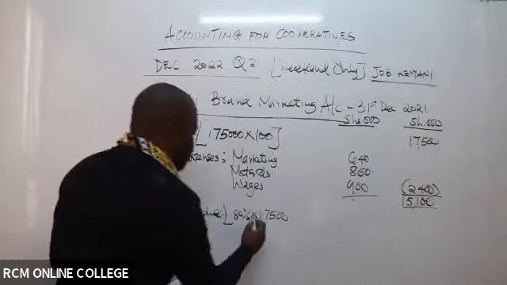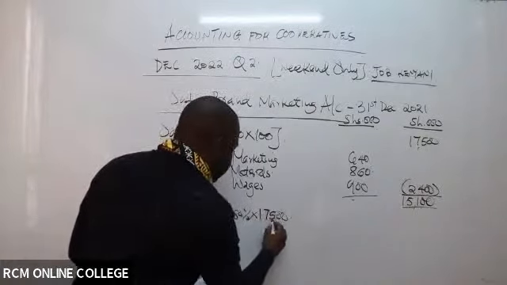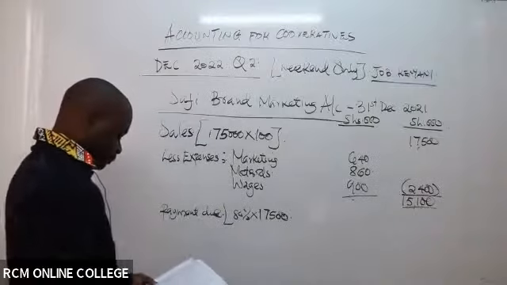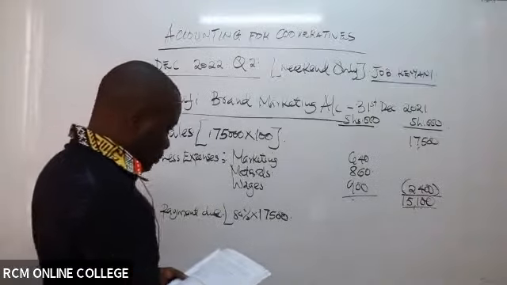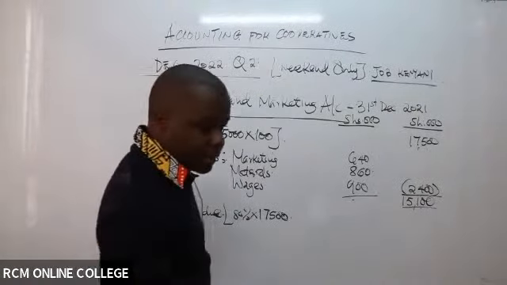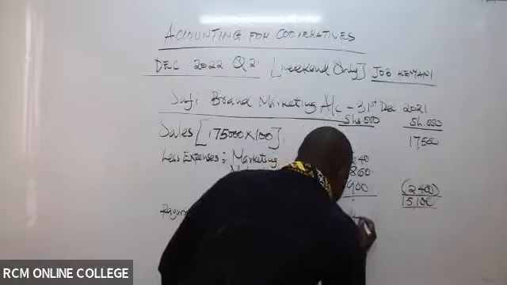So that will come to how much? You get, I think, 14,000. So it will be 14,000.